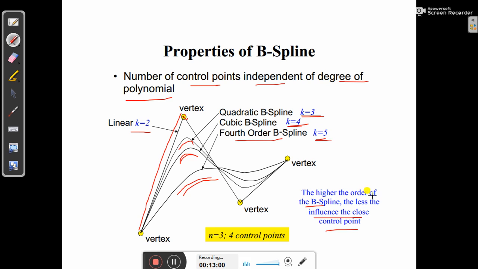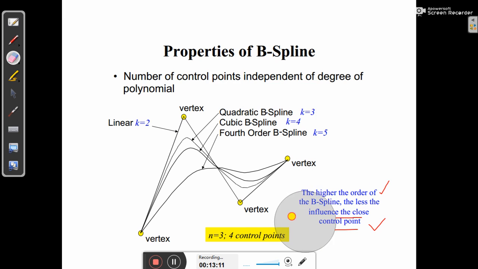So the higher the order of the B-spline, the less the influence of the closest control points. Here you can see n equal to 3. So n equal to 3 means the number of sections is 3, but there are 4 control points.